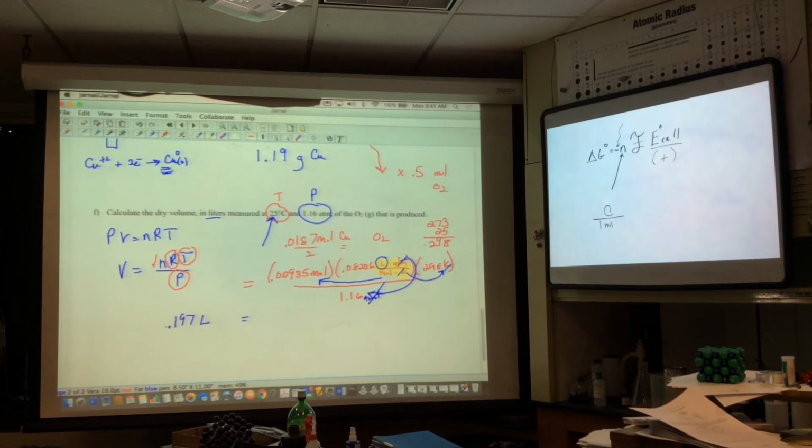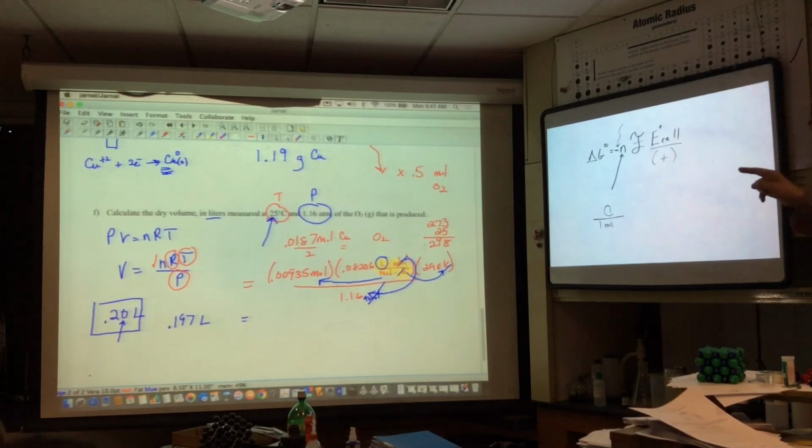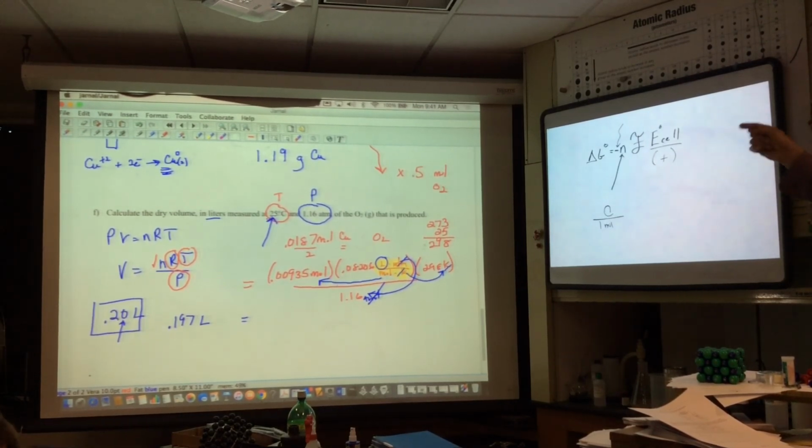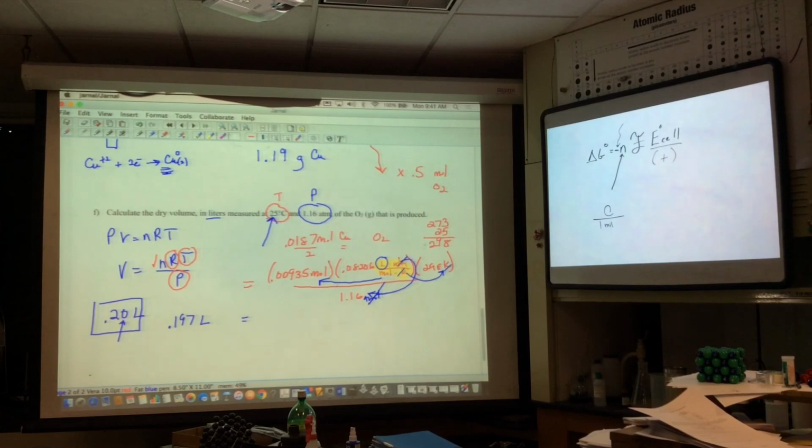So I'm going to go 0.20 liters. Remember, this ending 0 counts. This would be a 2-pointer question. 1 point for recognizing the moles of the O2 is half that of the copper you just made, based upon the stoichiometric relationship, and then another point for calculating this through. And you can see this is what AP is about, putting it all together. All right?